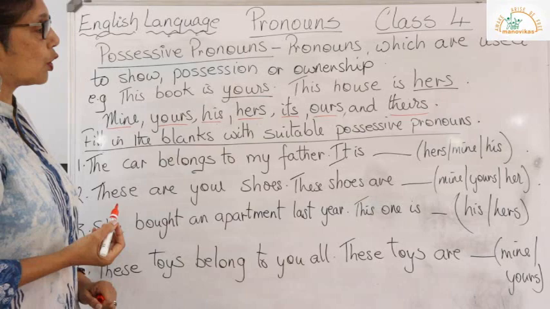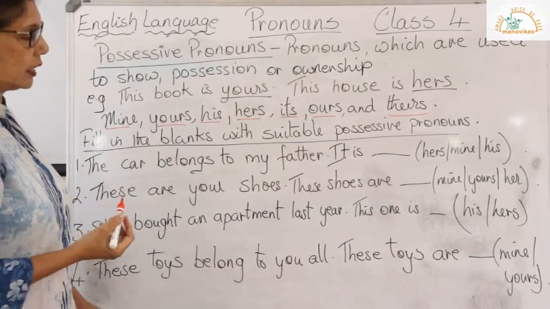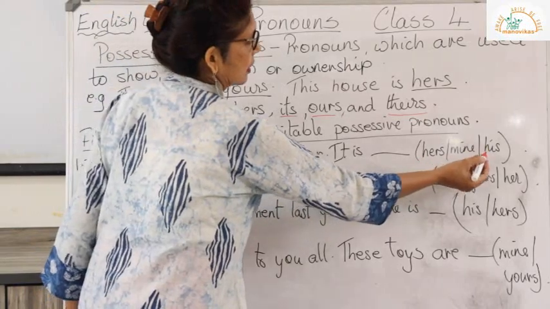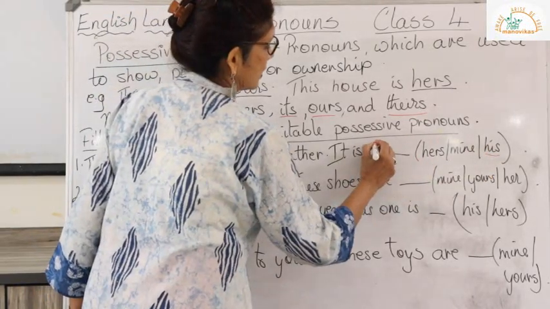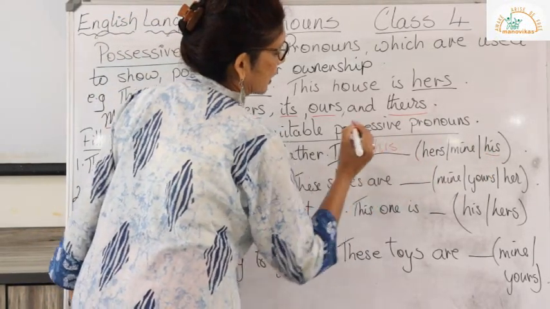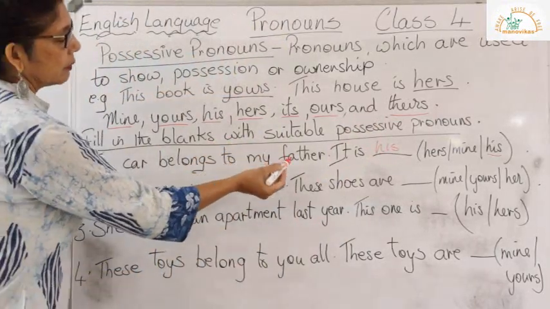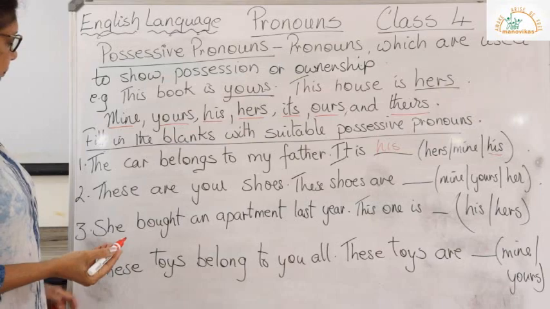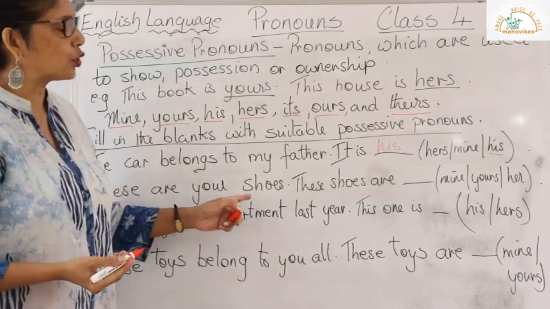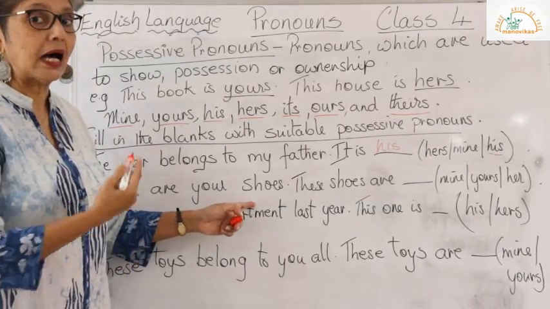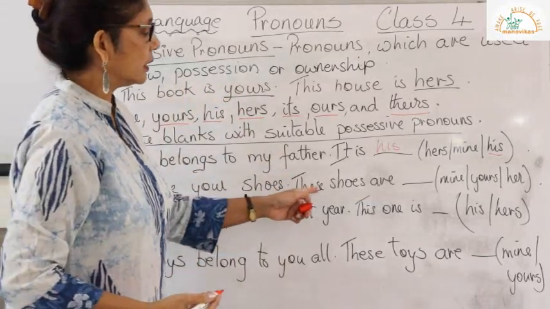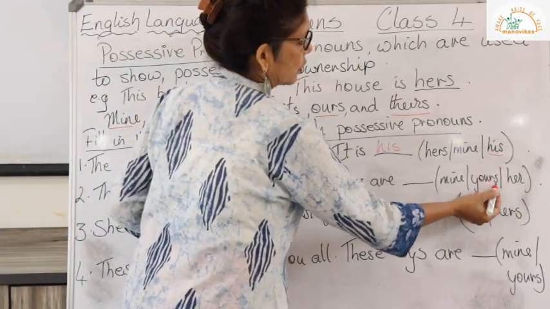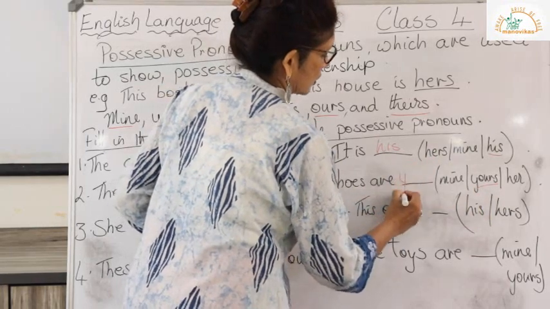It is hers, mine or his? You will say it is his, because the car belongs to my father, so it belongs to him. These are your shoes. These shoes are mine, yours, her? What will you say? Yours.